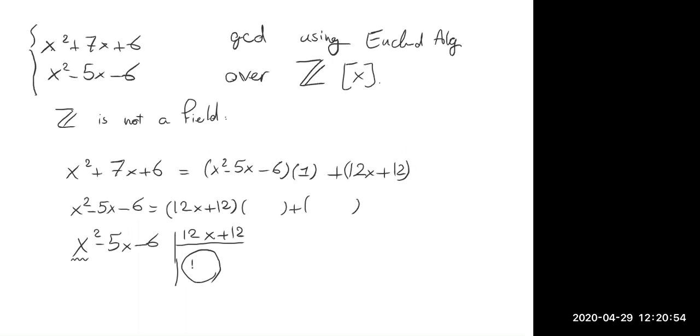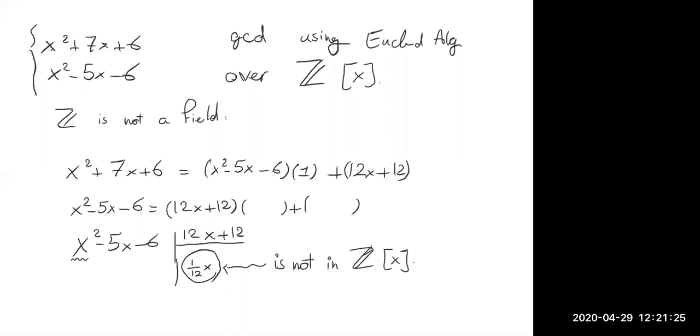It should be something like 1 over 12x, right? But what's the problem with that? The problem is that this term here is not in Z[x]. Do you understand?